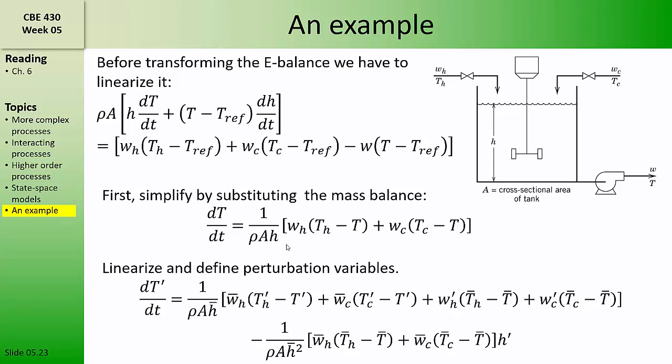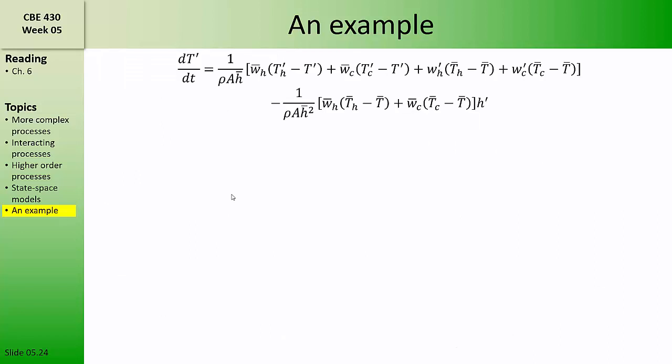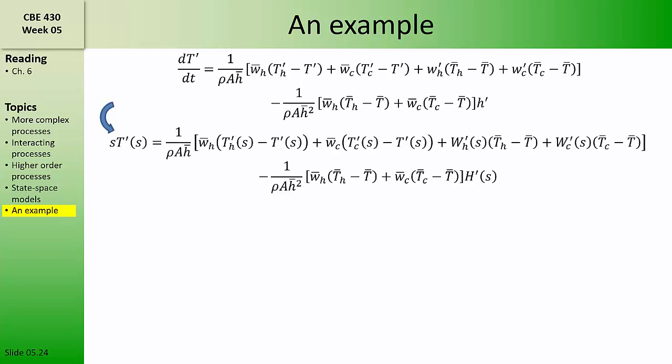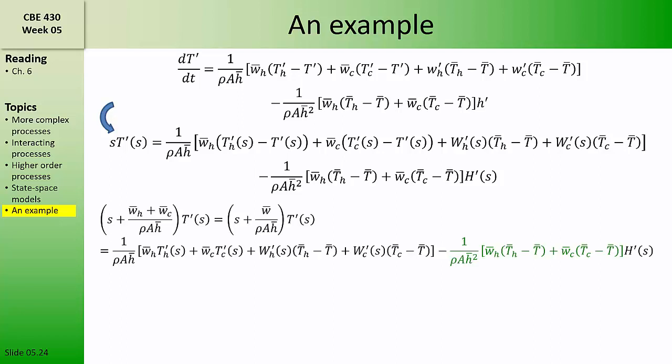The right-hand side contains partial derivatives evaluated at the steady state multiplied by the perturbations in T_H, T_C, T, which is combined in these two terms, W_H, W_C, and h. Now, because each of those partial derivatives is evaluated at the steady state, represented by the variables with the bars, they become constant coefficients. We can take this into the Laplace domain and move all of the T prime variables over to the right-hand side of the equal sign.